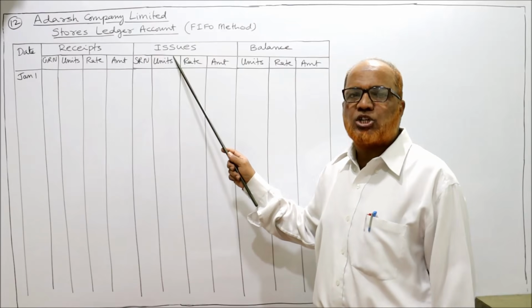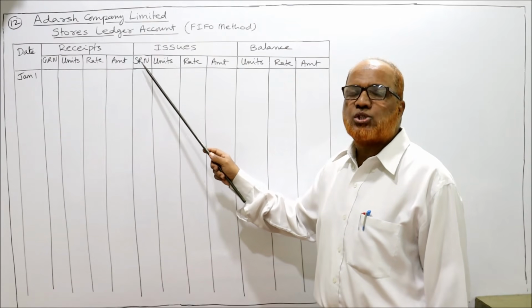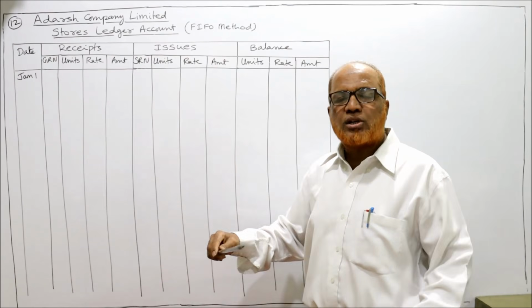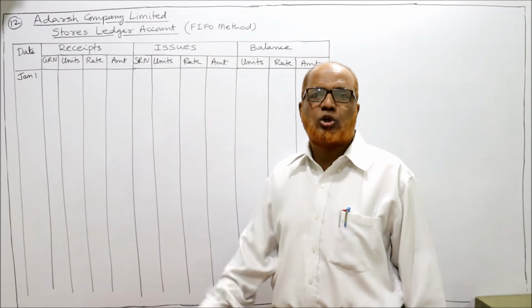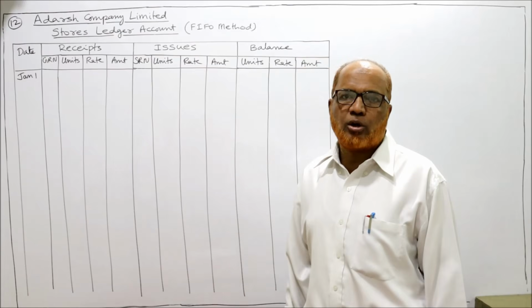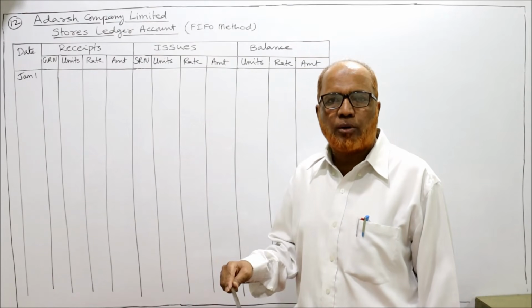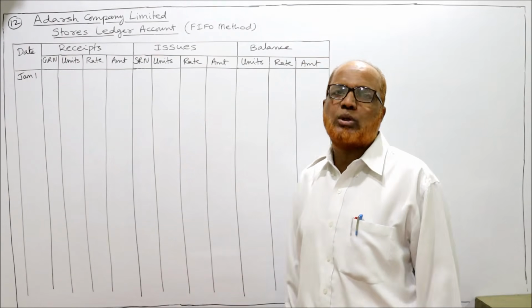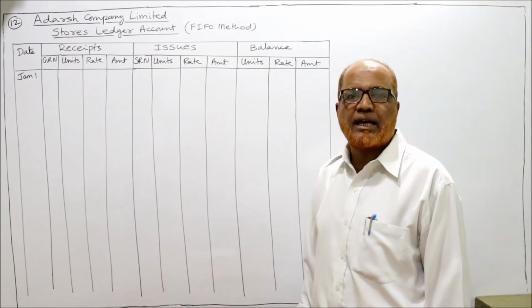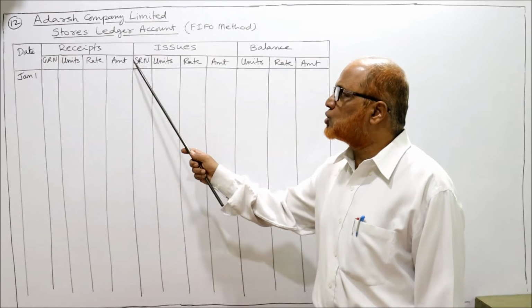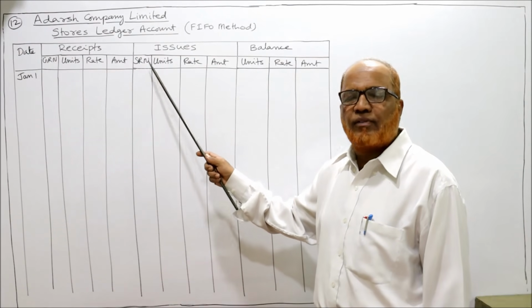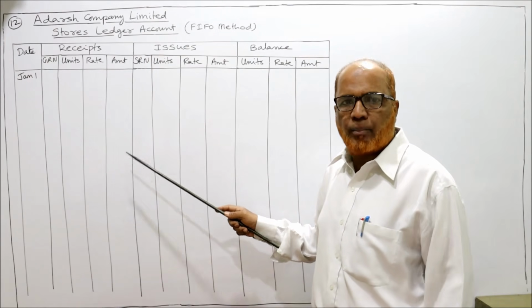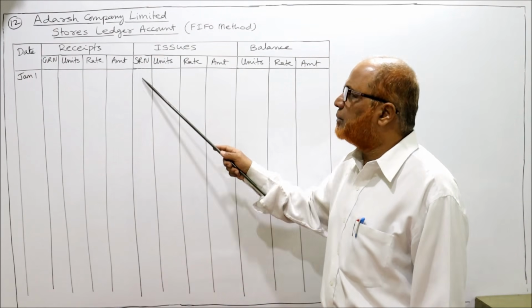Similarly, 4 columns in issues: SRN, stores requisition note number. When stores are issued, when material is issued to production, we require one document. On the basis of that document only the material will be issued from stores to the production. That document contains a number. So that is called the stores requisition note number. We'll make a column and keep it blank. In practice that will be used, but in theoretical problems we will keep it blank.